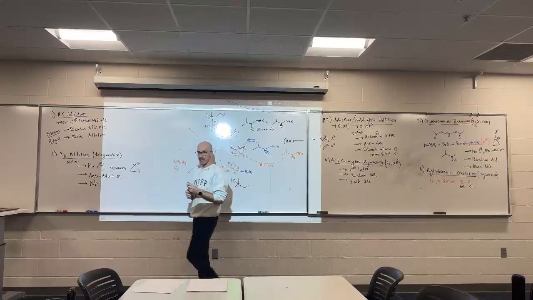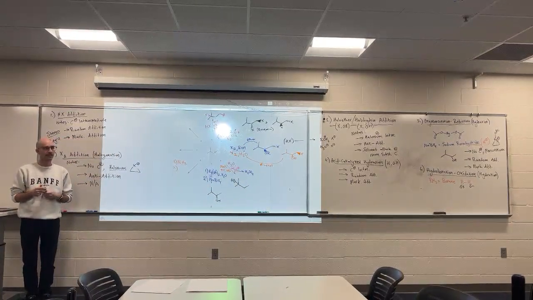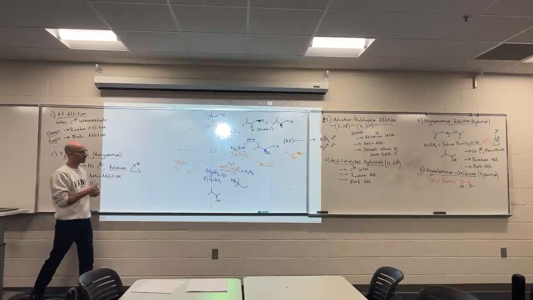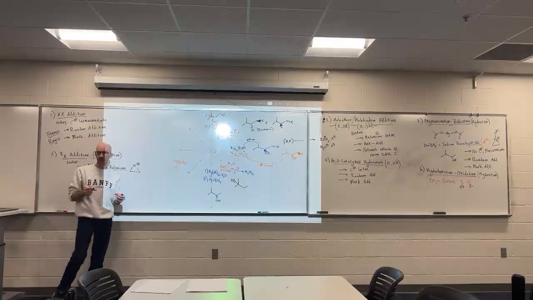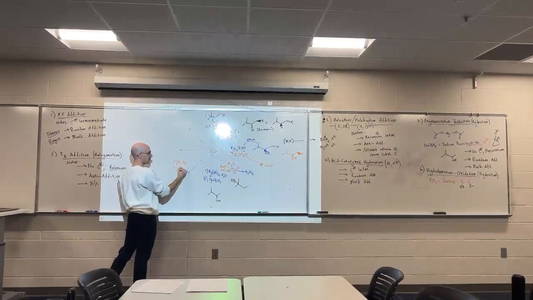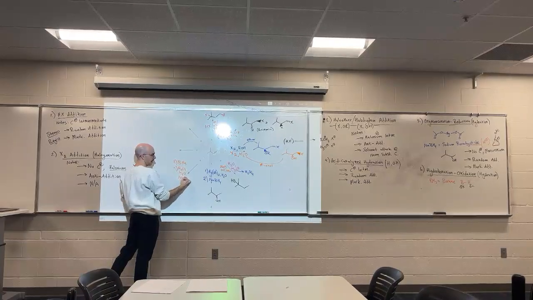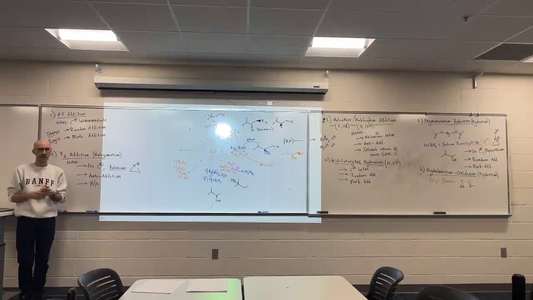Who owns the electrons from the BH bond? Hydrogen. The second step is basic aqueous hydrogen peroxide. H2O2, H2O, and NaOH. Basic aqueous hydrogen peroxide.